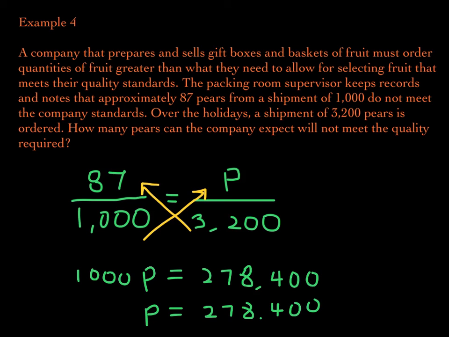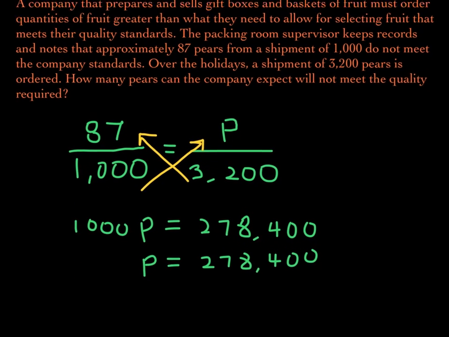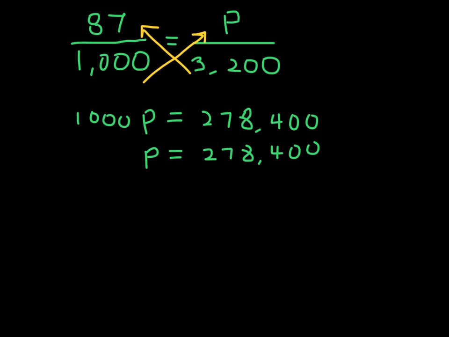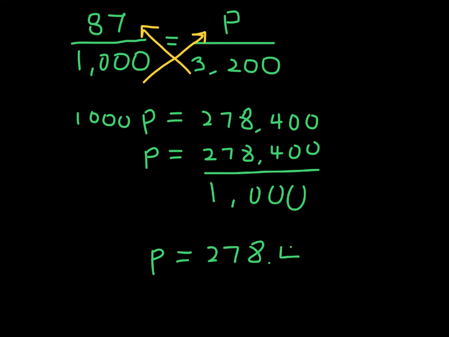What I'll do is divide both sides by 1,000. I'm dividing by 1,000, and I get P is equal to 278.4. Now, this is the number of pears that will not meet the standard, okay?